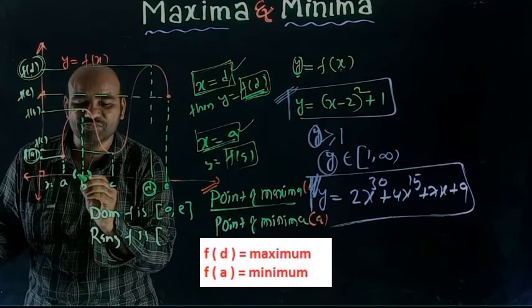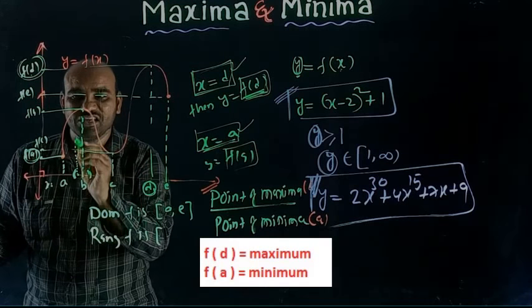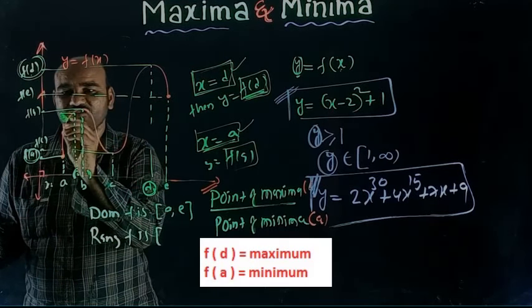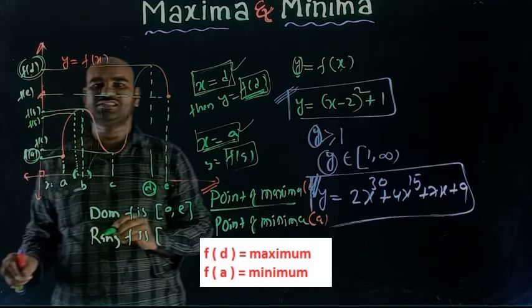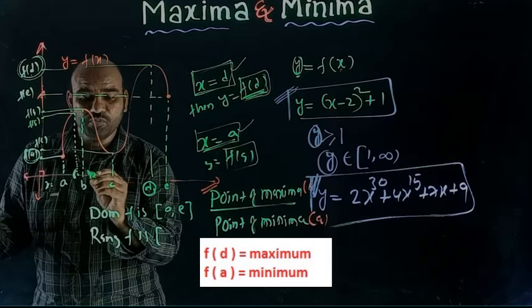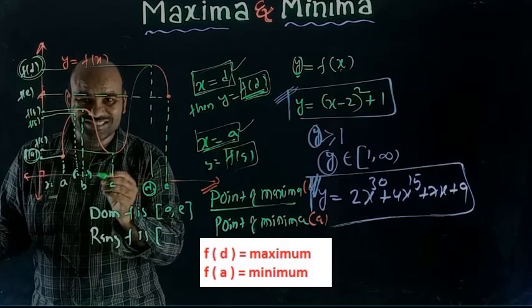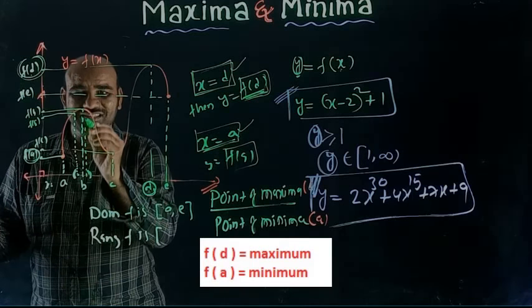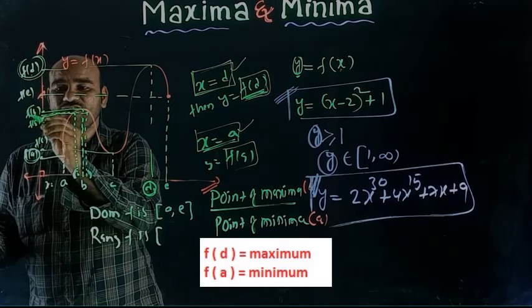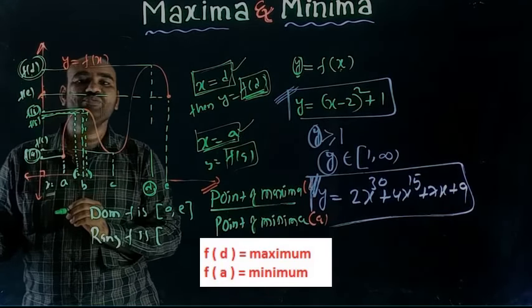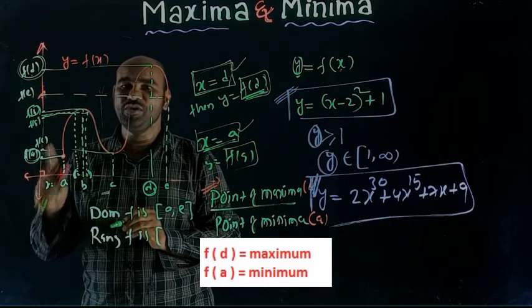If x is taken as b minus, your output is f of b minus. If your input is b plus, your output is f of b plus. Observe, f of b is greater than f of b minus and as well as f of b plus.